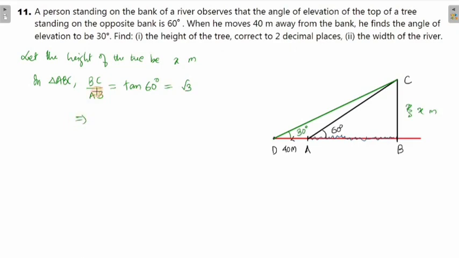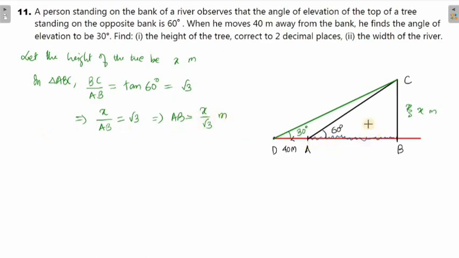AB is not known, but BC is known. BC is x. So x by AB equals root 3. So AB is x by root 3 meters. So we got AB.